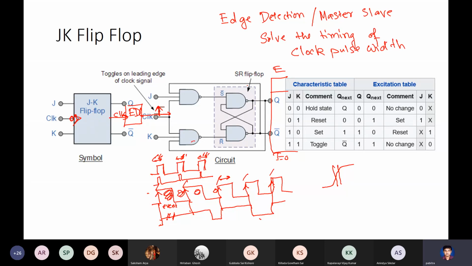You enumerate all possible combinations of input. The only difference is that in a combinatorial circuit, the truth table consists of combinations of inputs only. Now you should consider the current state also as an input, Q also as an input, because it is a sequential circuit.